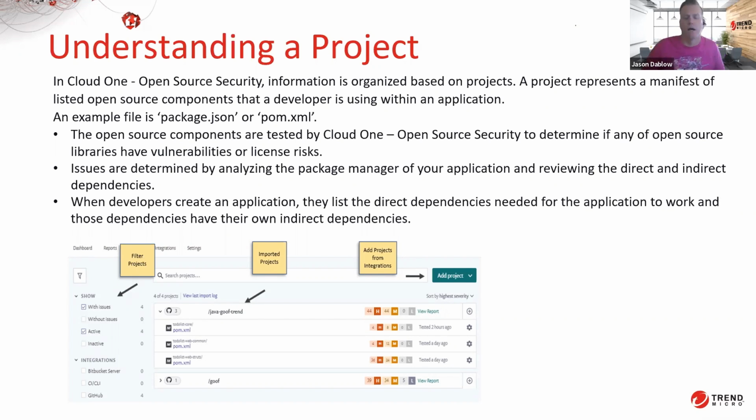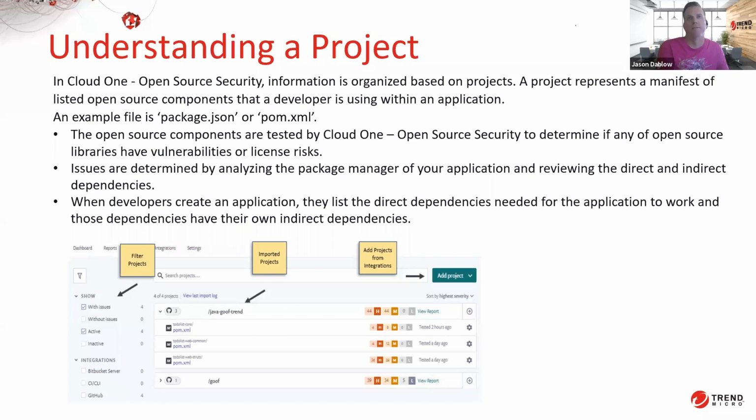In the Getting Started lab, we added this project to make sure that we get visibility into this Java Goof trend application and the open source libraries associated with it. Ultimately, when a developer creates an application, they list the direct dependencies needed for the application to work, and those dependencies have their own indirect dependencies.